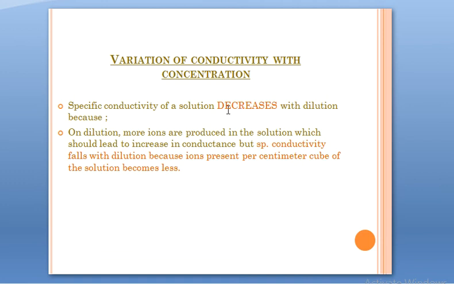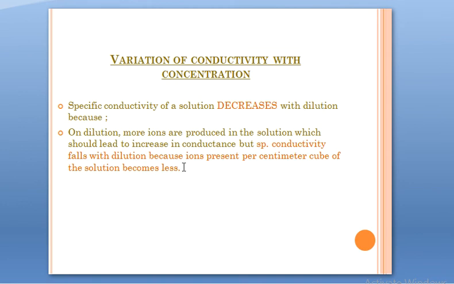Very, very important to remember that specific conductivity of an electrolytic solution decreases with dilution. We are doing conductance in electrolytic solutions. If you dilute that solution further, what will be the effect on its specific conductivity? It will decrease. How? Because on dilution, number of ions will increase.